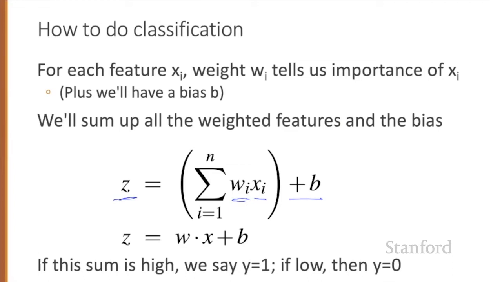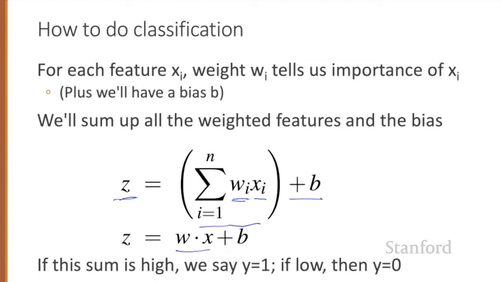In these lectures, we'll represent such sums using the dot product notation from linear algebra. So the dot product of two vectors a and b, written as a dot b, is the sum of the products of the corresponding elements. So here, the sum of all these w sub i, x sub i's will be represented as w dot x.